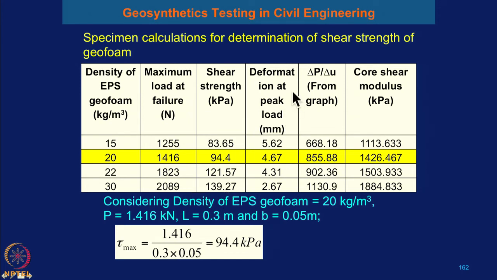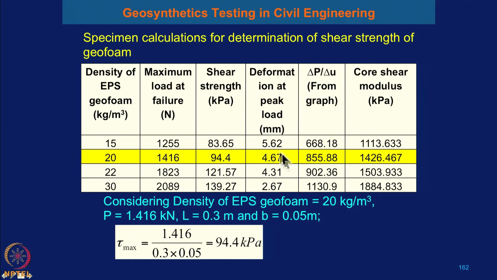You can measure the deformation at peak load in millimeter: for 15 density it is 5.62 millimeter, for 20 density 4.67 millimeter, for 22 density 4.31 millimeter, and for 30 density 2.67 millimeter.